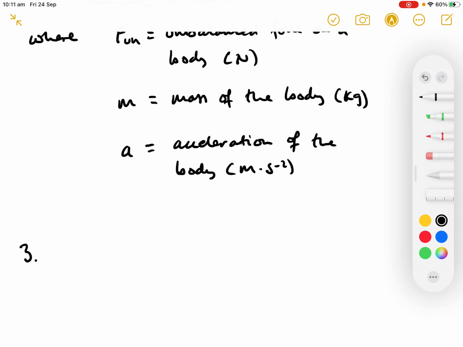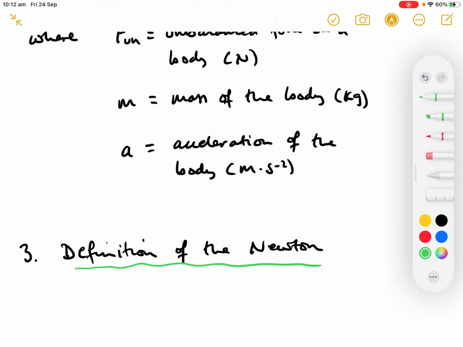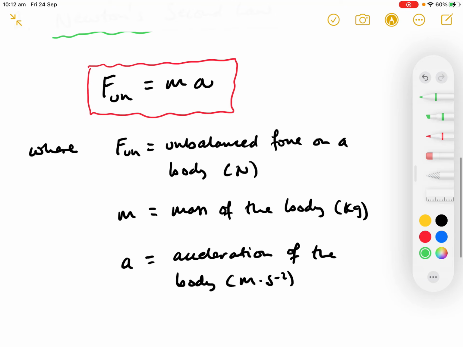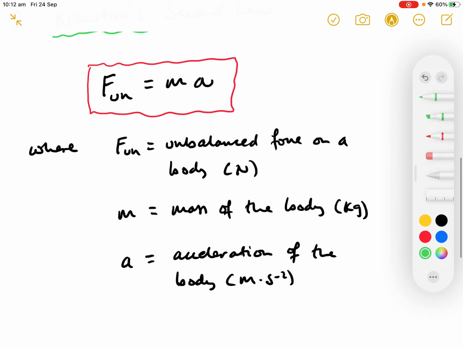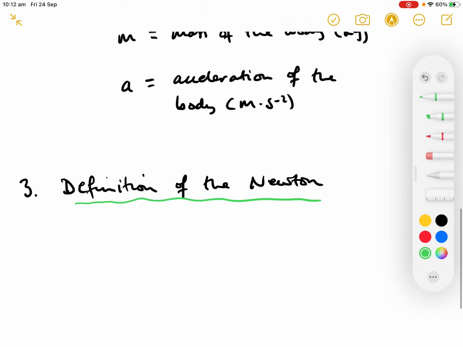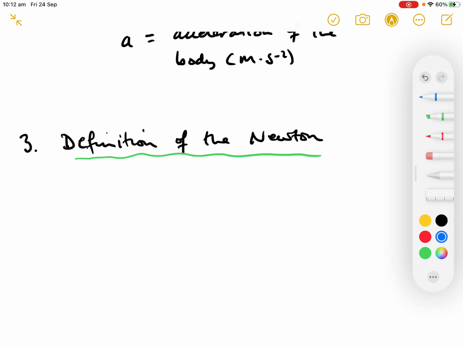Number 3 is the definition of the Newton. Well, the definition of the Newton comes straight from the statement of Newton's second law. It's quite simple.